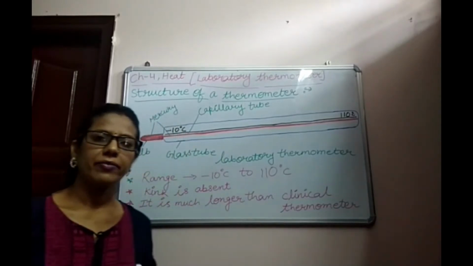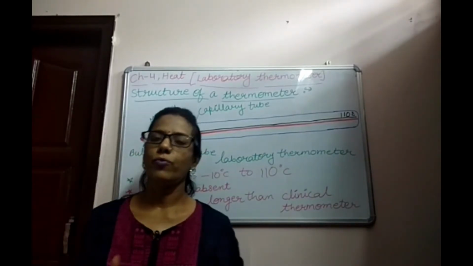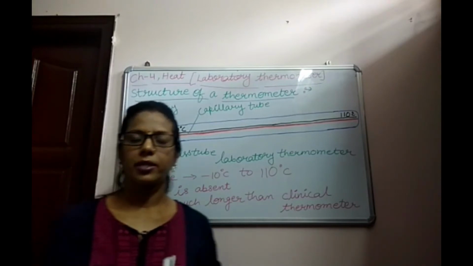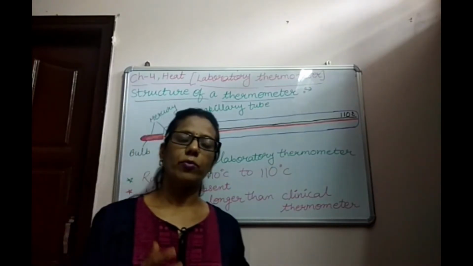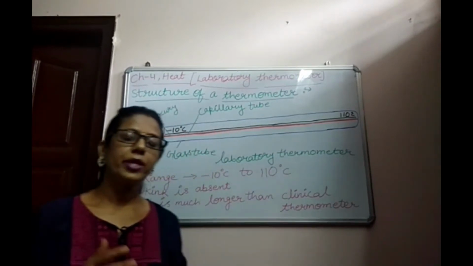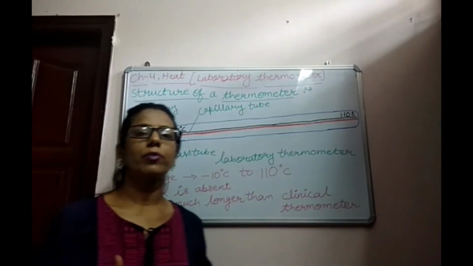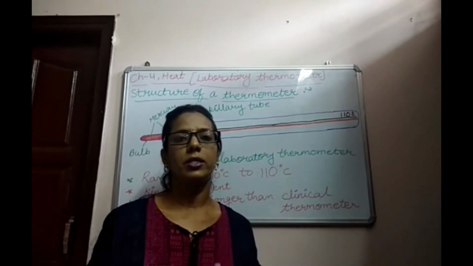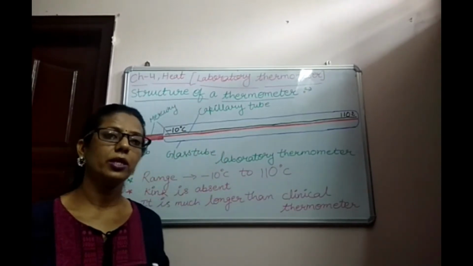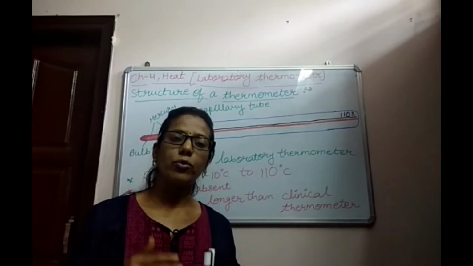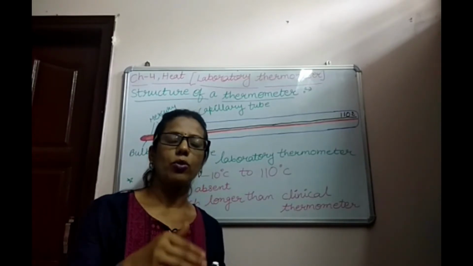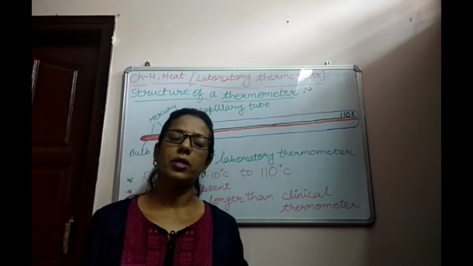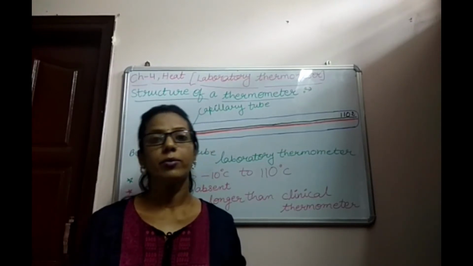For example, if you are measuring the temperature of water, while taking the reading we can't take the thermometer out of the water, because as we take it out, the mercury level immediately starts to fall or rise because the kink is absent. So we have to keep the thermometer in contact with the water or any other substance whose temperature we are measuring.